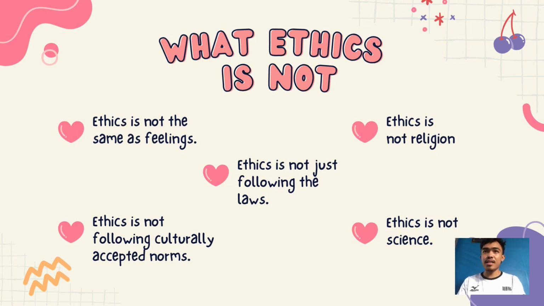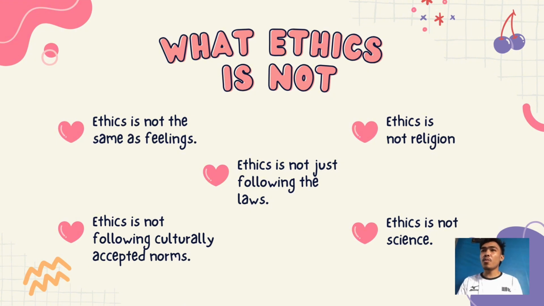So, why is ethics not just following the laws? Ethics goes beyond the law, setting higher standards for right and wrong. Laws often represent the minimum acceptable behavior, while ethics can consider fairness, honesty, and consequences that extend beyond legal boundaries. For example, lying to a friend might be legal but still unethical.